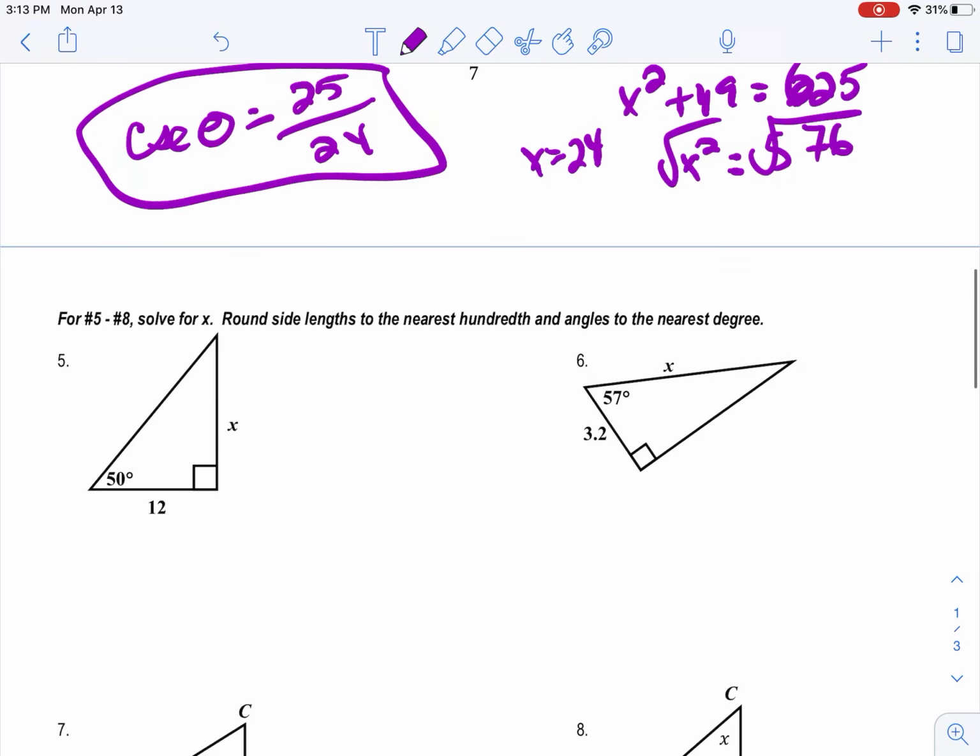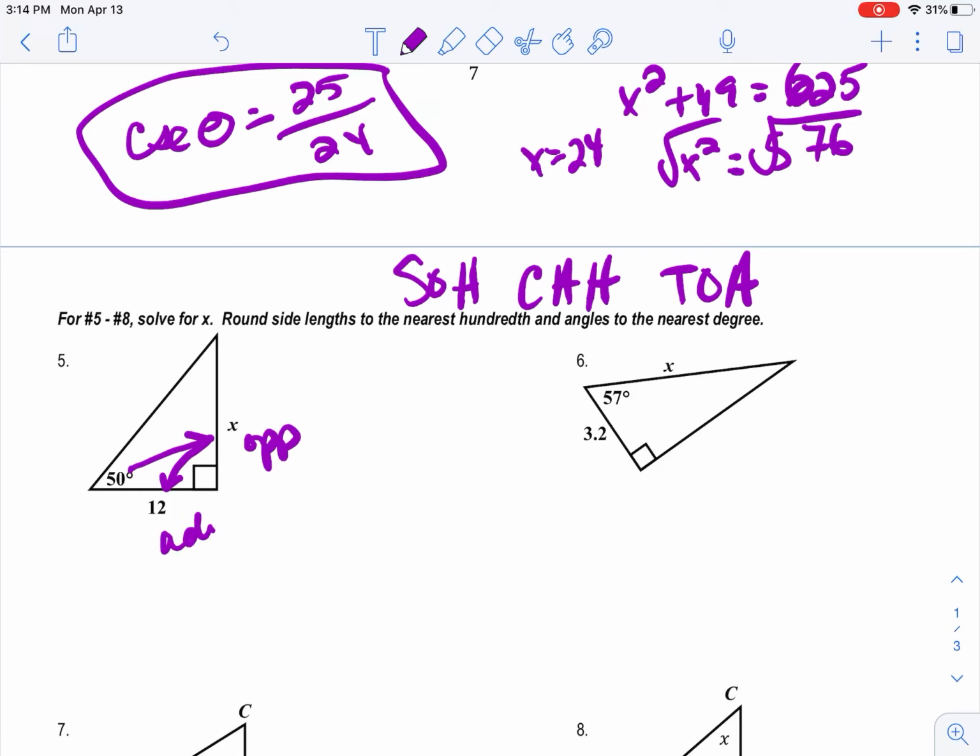Here's some more solving. So we want to remember our SOHCAHTOA. Look at what we're given and solve for the missing piece. So here I have opposite and adjacent, so this is a tangent of 50 degrees equals x over 12.